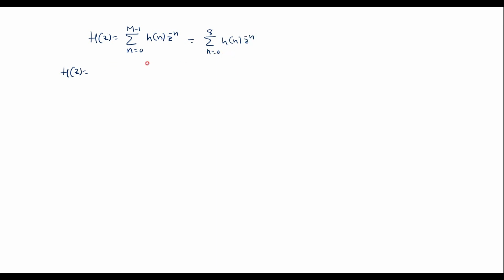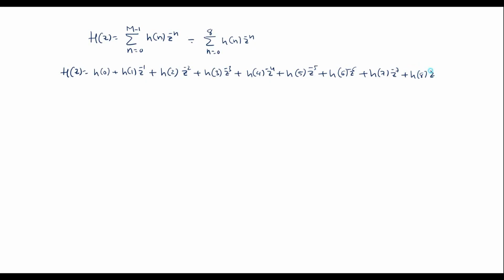So expanding this summation, substituting n equal to 0, it will be h of 0 plus h of 1 z power minus 1 plus h of 2 z power minus 2 plus h of 3 z power minus 3 plus h of 4 z power minus 4 plus h of 5 z power minus 5 plus h of 6 z power minus 6 plus h of 7 z power minus 7 plus h of 8 z power minus 8.